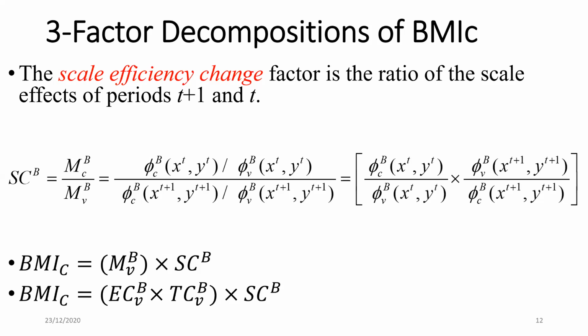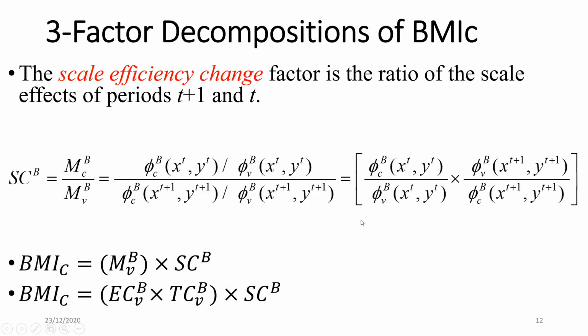Let's look at the 3-factor decomposition. You remember I indicated that there's a 3-factor decomposition? Well, that's where you bring in the scale efficiency change. The scale efficiency change is defined as the last term here. Watch it carefully: all of them have the power b, but in the subscript, some of them are constant returns and some of them are variable returns.